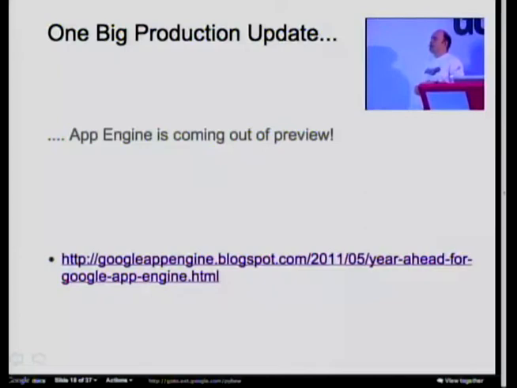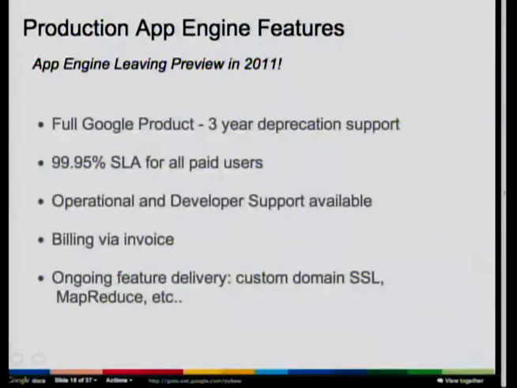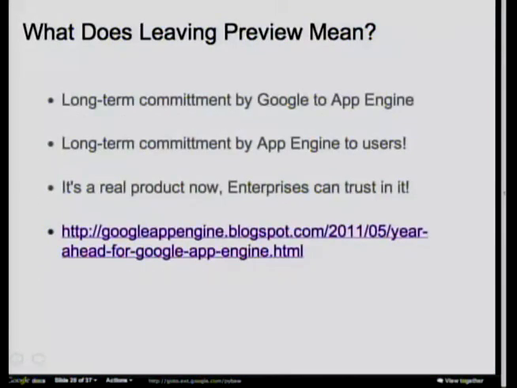But as we continue on this year, the App Engine technology is going to be coming out of preview, and that actually means some very nice things. Let me jump ahead. I have one slide here. What does it mean to leave preview? Well, in short, it means that it's a long-term commitment by Google to App Engine, meaning that App Engine wouldn't just disappear. It's here for the long haul.